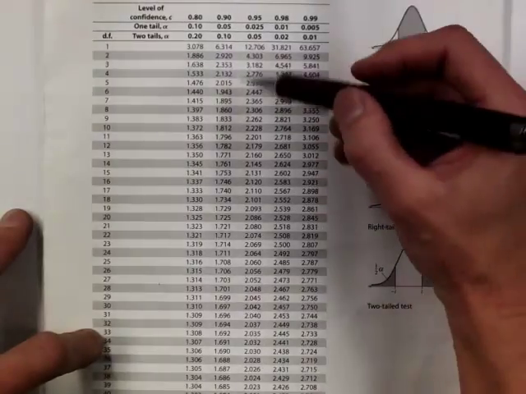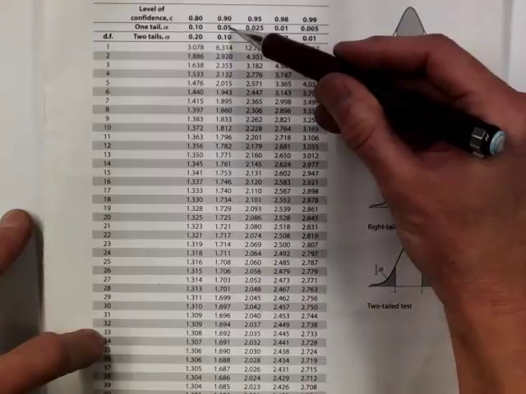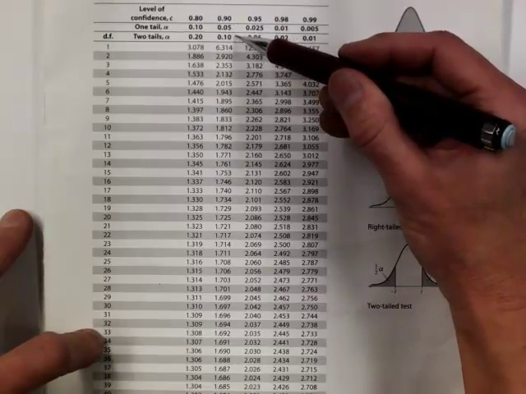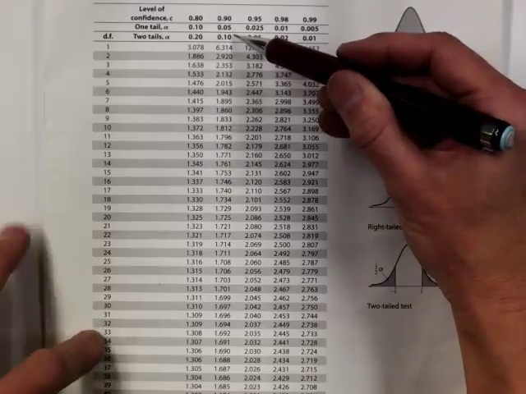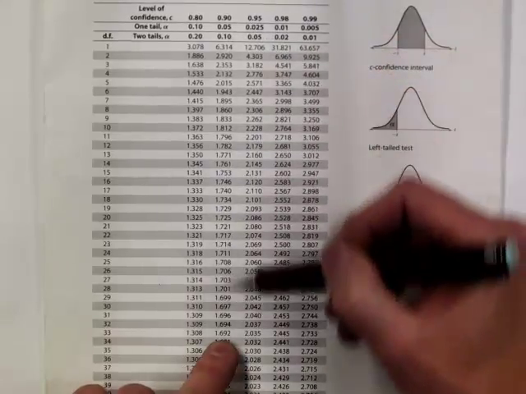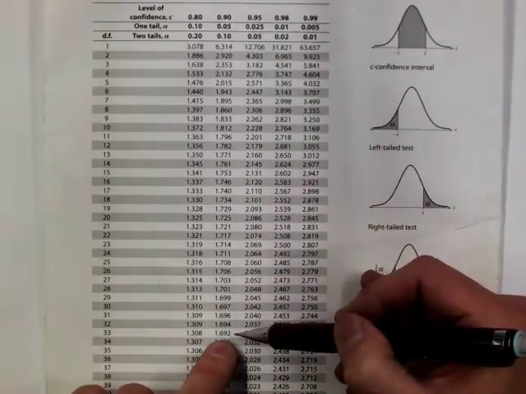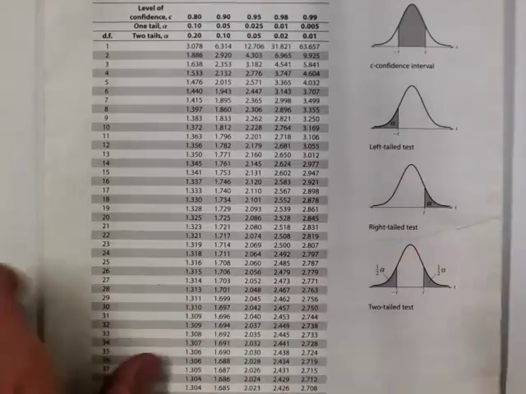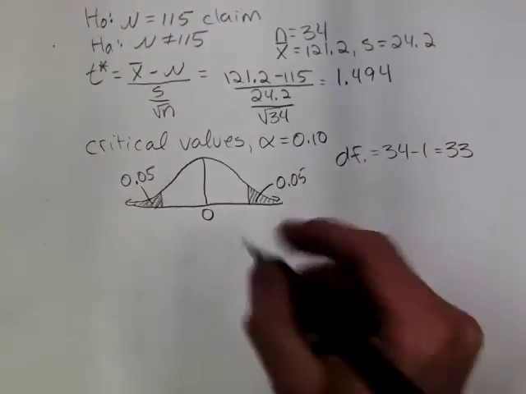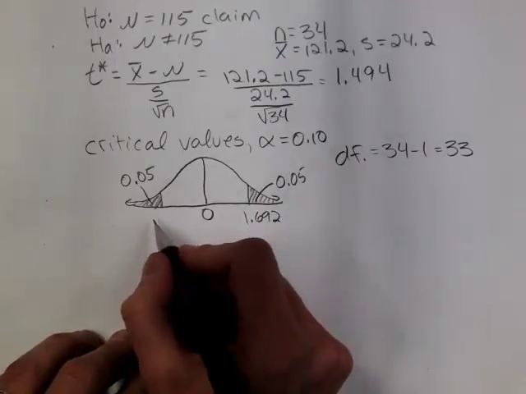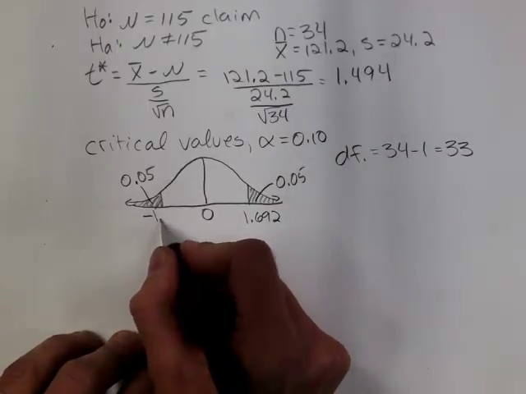How about this one right here? See 0.05 in one tail, and together 0.1 for the two tails. I'm going to read over and then down. Do you get 1.692? The table only gives the positive one, so I have 1.692, and I also have a negative critical value by symmetry.